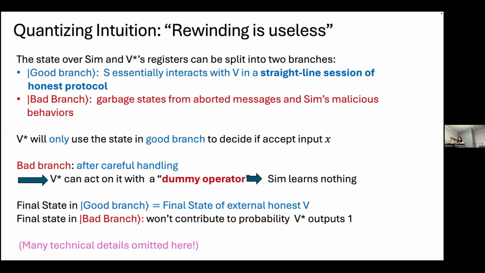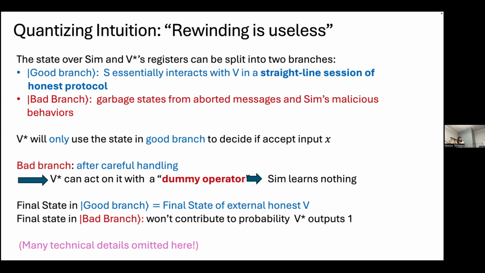So, at the very end of the day, the final state in the good branch will be exactly the same as the final state of the external honest verifier. And the final state in the bad branch won't contribute to the probability that V star outputs 1. So V star essentially would just be using the good branch to decide whether to accept an input instance or not.